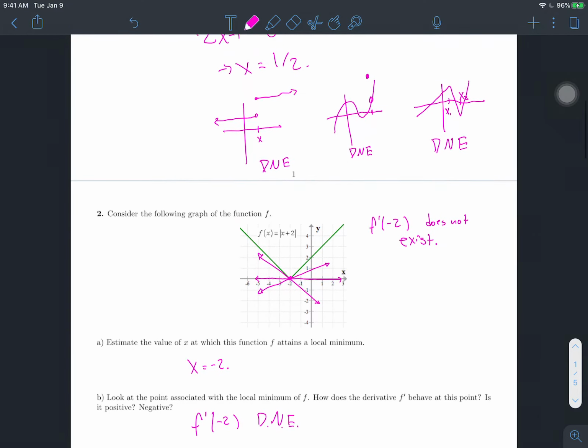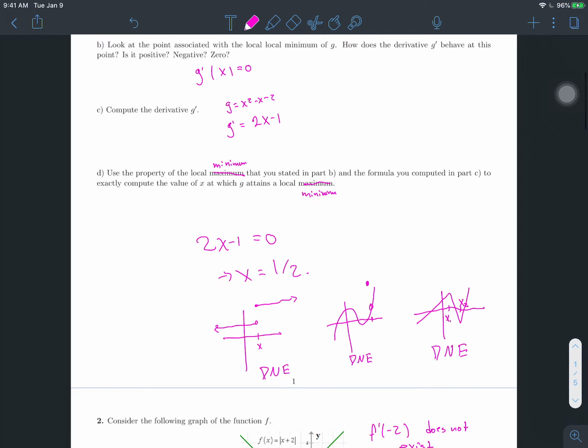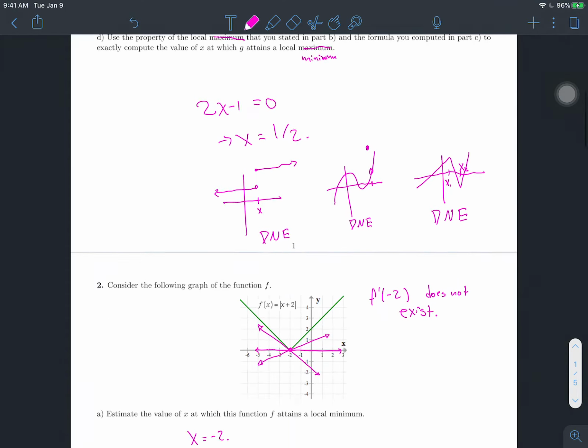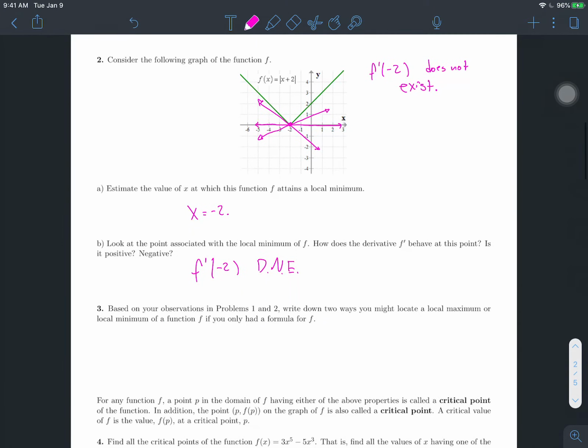So our original theory was that we think a function will achieve a local minimum when the derivative is equal to 0. How can we expand that hypothesis to include cases such as this one?